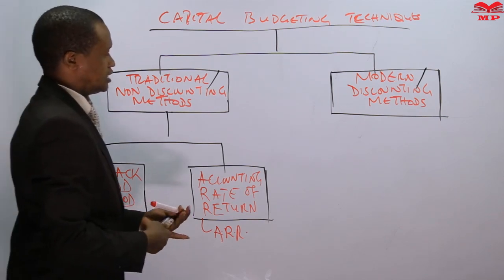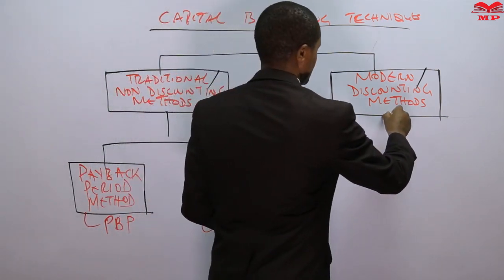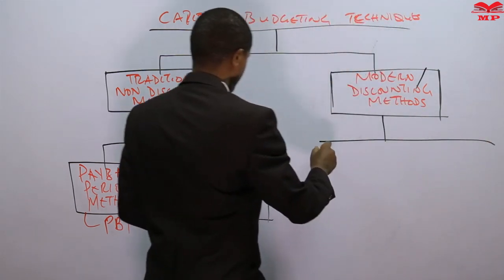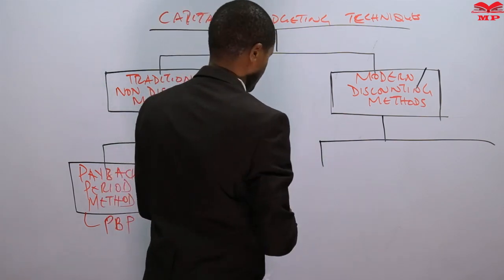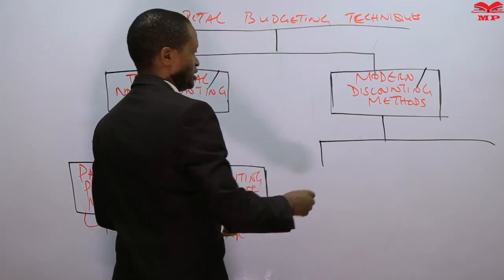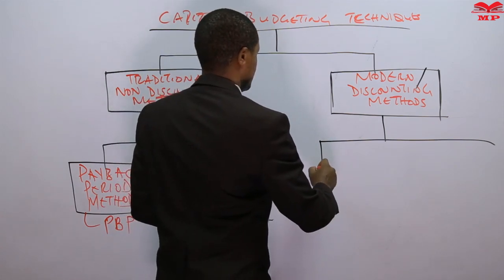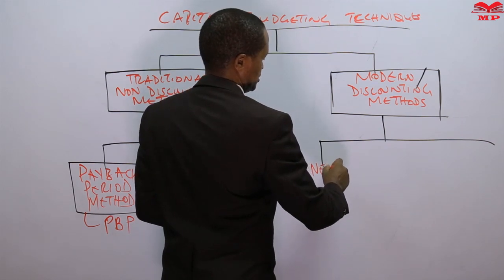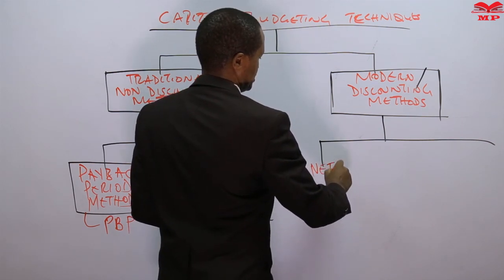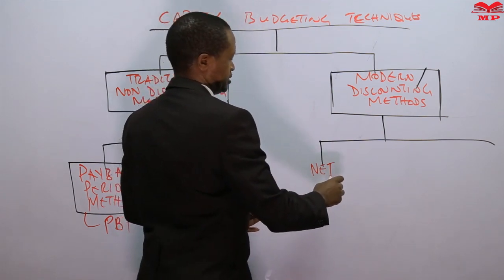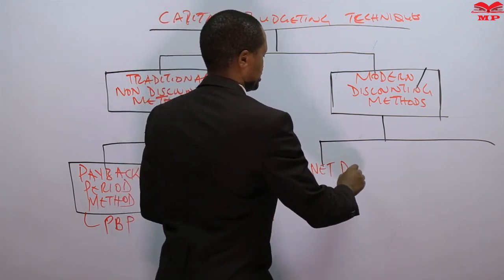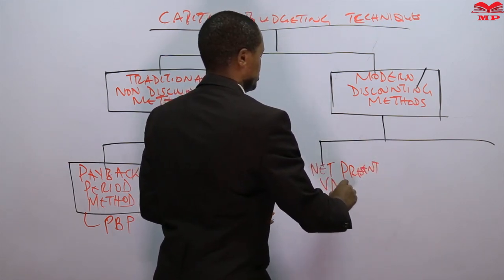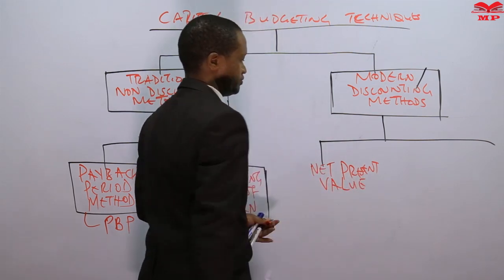Then under modern methods, we will consider several methods here. Number one being the net present value method.